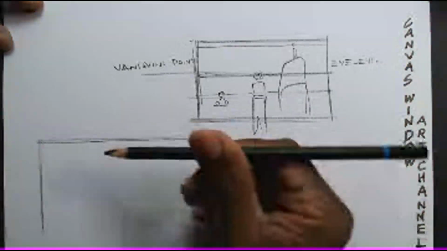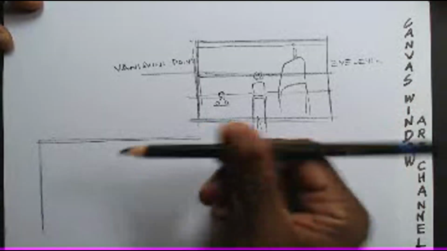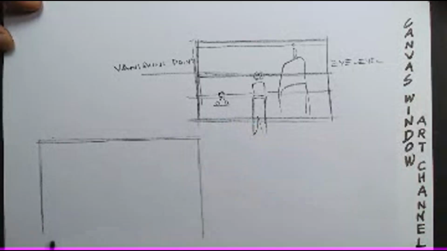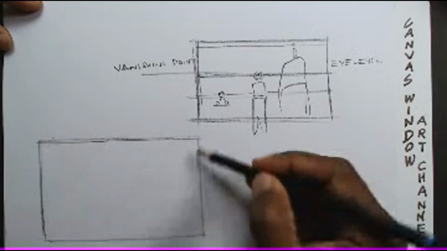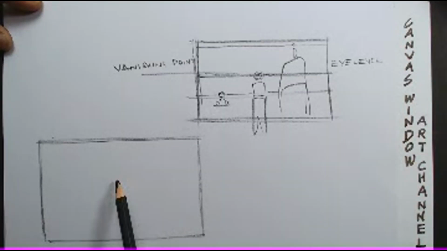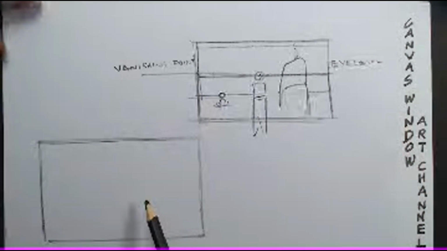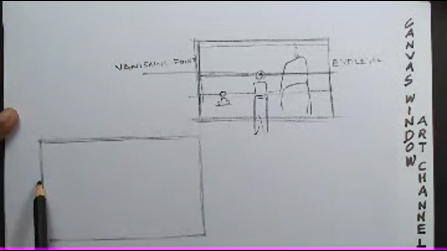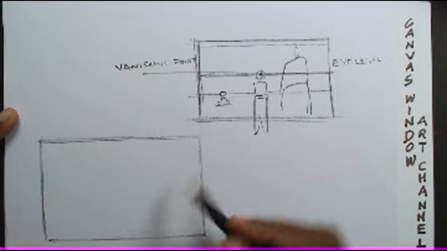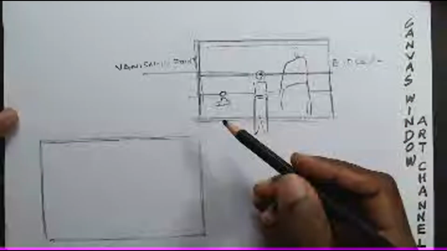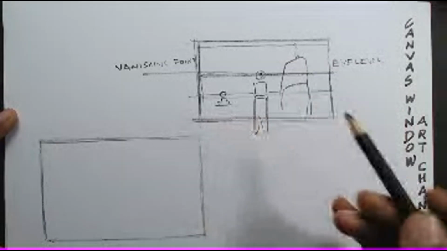I'm using a charcoal pencil now. So the boxes, I'm making to help you understand within a small picture. Now to draw the concept of one point perspective, we'll start with one point perspective.